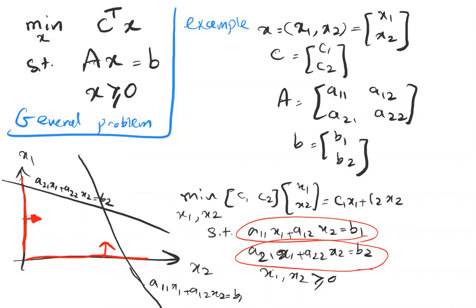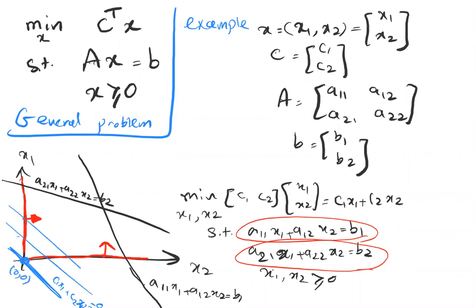All right. So now we have to show C1 X1 plus C2 X2 for different values. What does that mean? This one is C1 X1 plus C2 X2 is equal to 0. Why? Because it passes the 0 and 0 point.